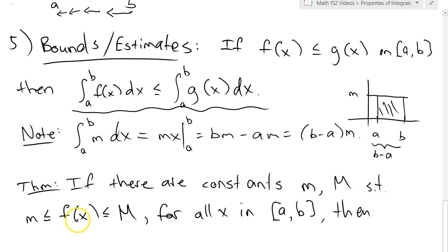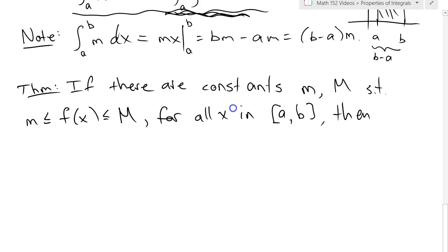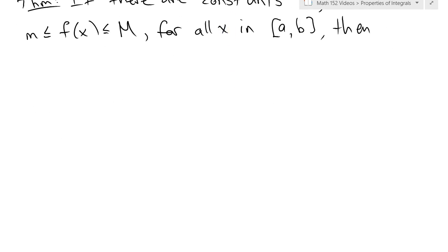So I'm kind of treating f of x as the function, and then in my thing up here, g of x is just capital M, or g of x equals little m. So you can integrate all three sides of this inequality, and they stay the same.